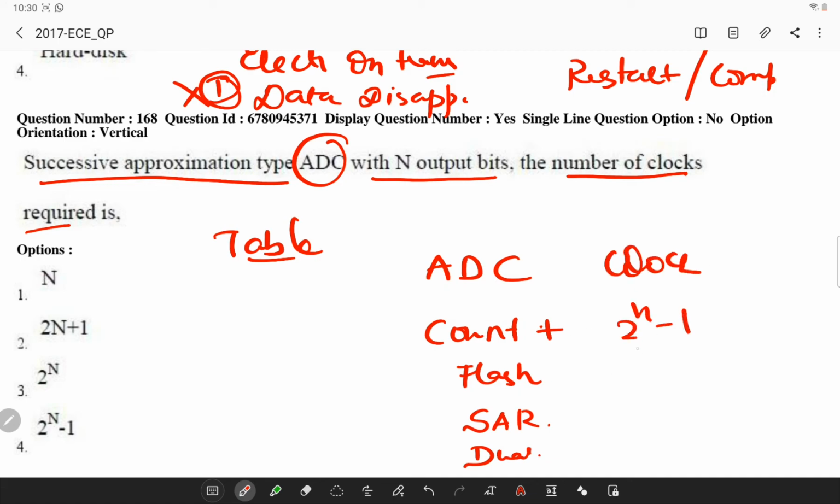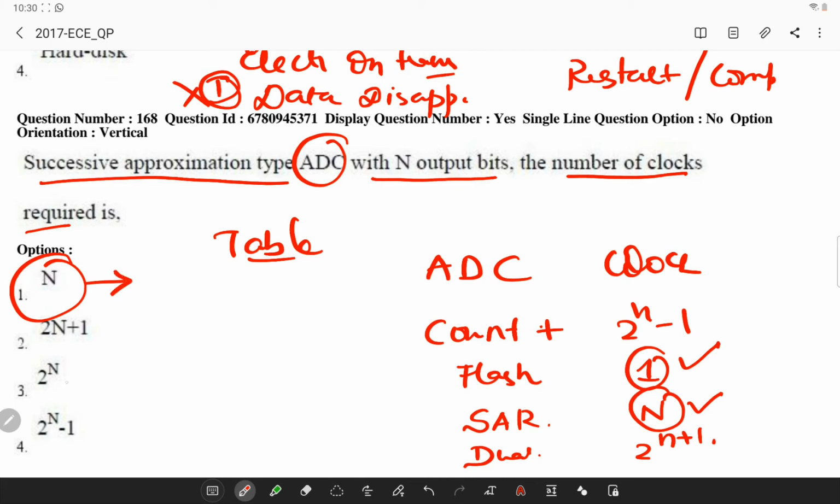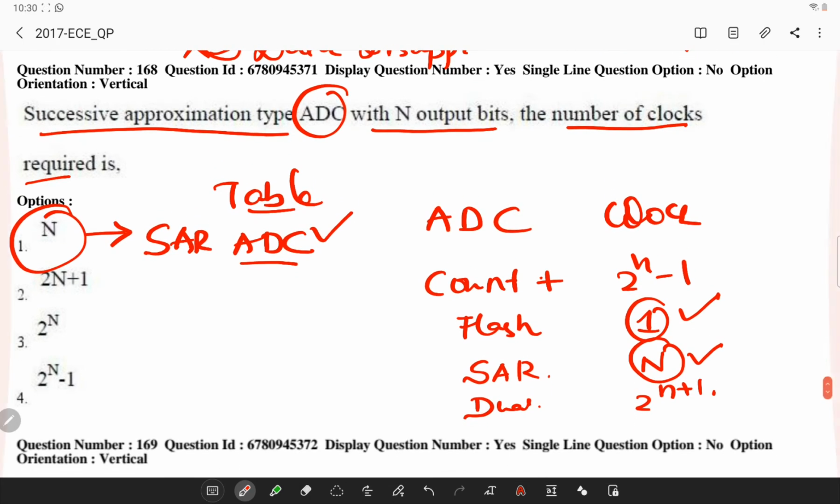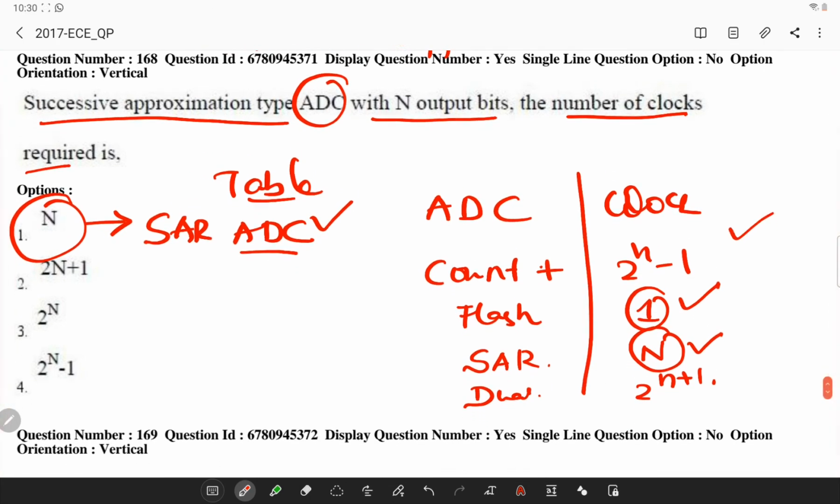For this it is 2 power n minus 1. Flash is the best one, it takes only one clock cycle, whereas successive approximation will take n cycles, and this takes 2 power n plus 1. So if you see the options given here, this is for the successive approximation type analog to digital converter. Okay, remember this table, it is very important.